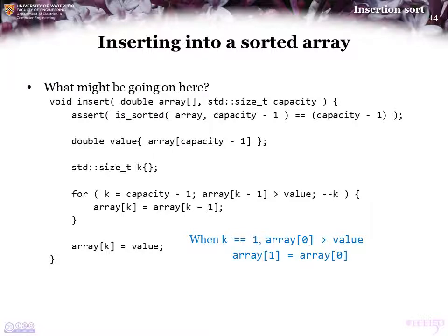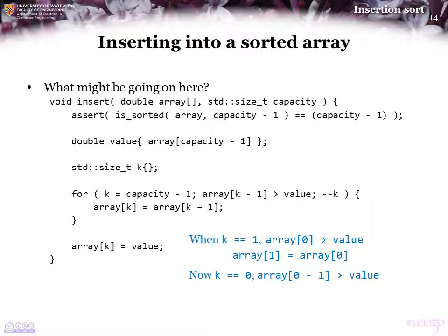If so, then in the body we assign array entry 1 the value stored in array entry 0. We then decrement k, so now k is equal to 0.